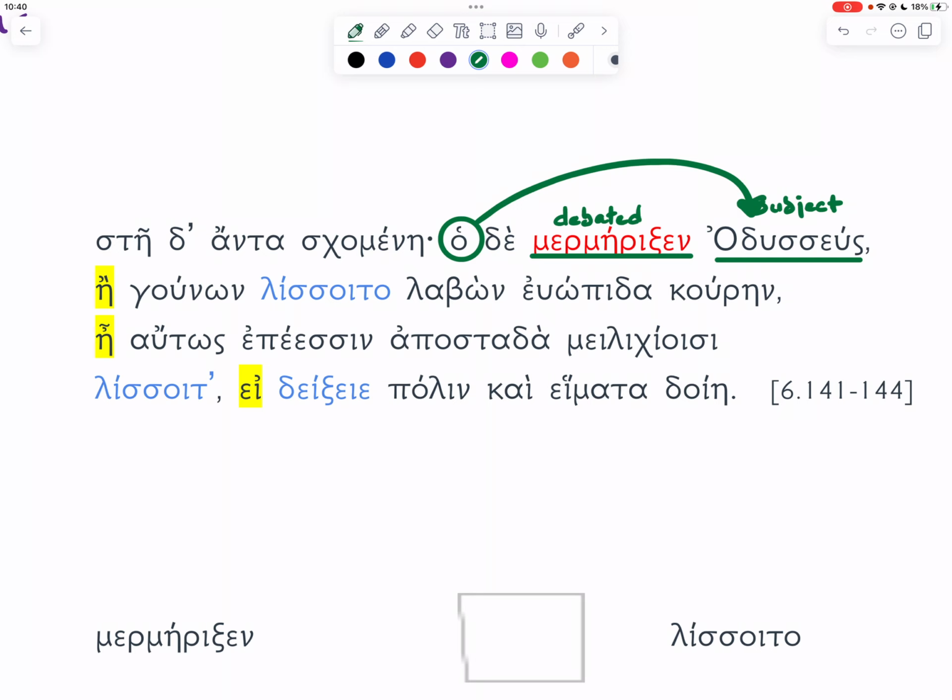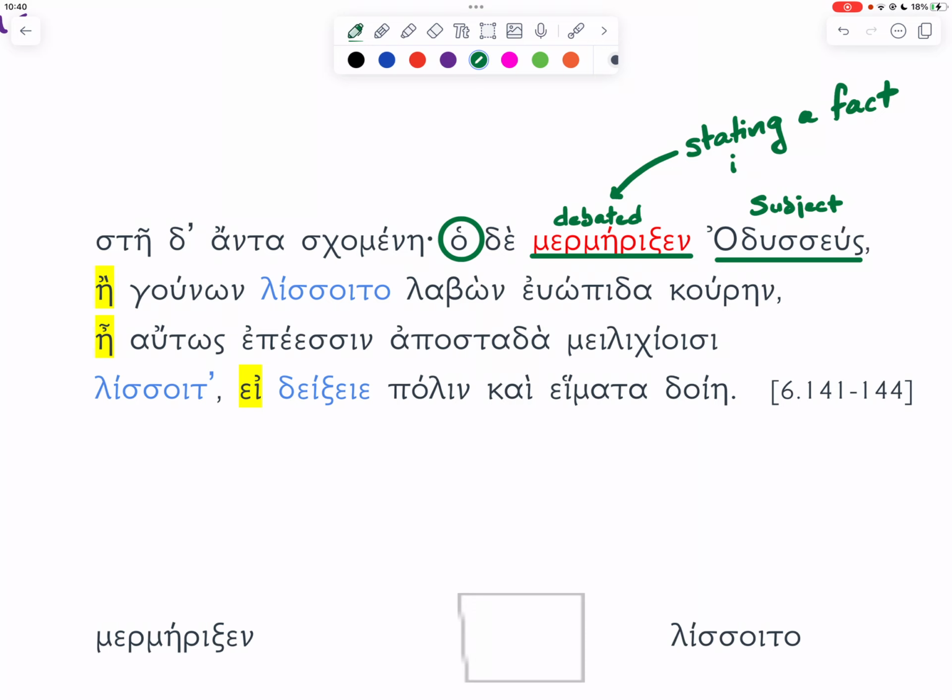Something else is making Greek use the optative mood. This verb, debated, metamedixen, is a verb that's stating a fact. Odysseus debated. That's a fact.